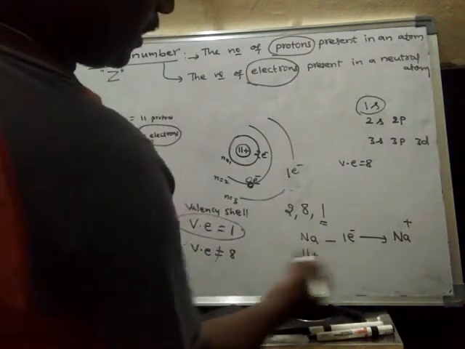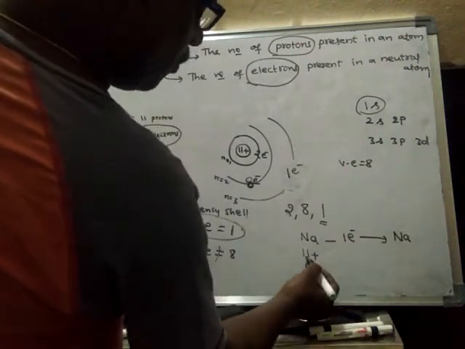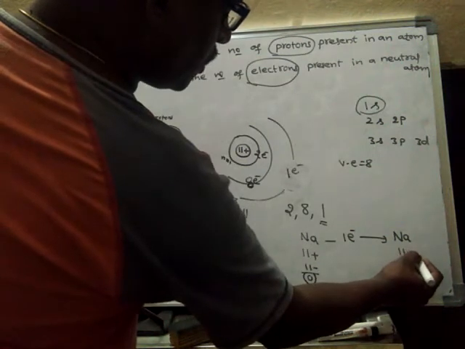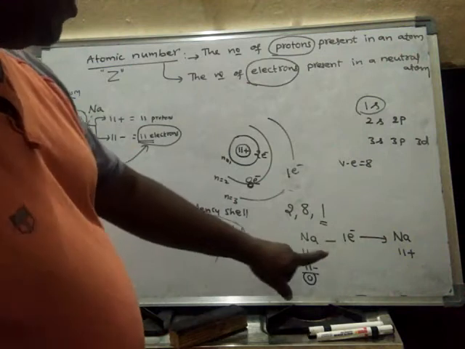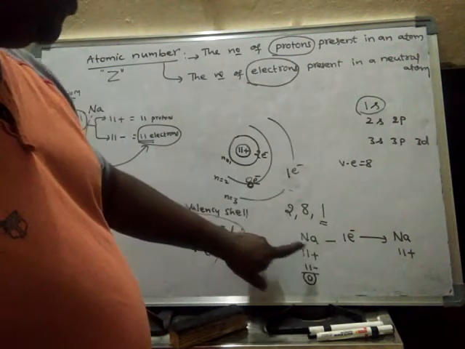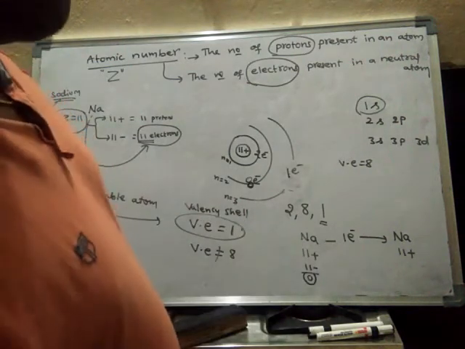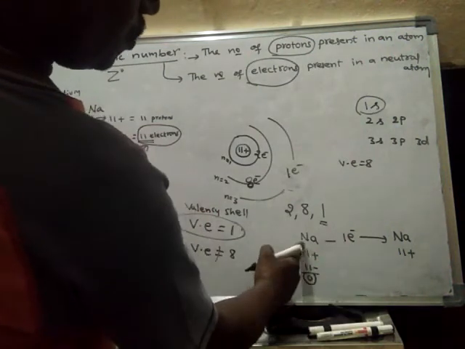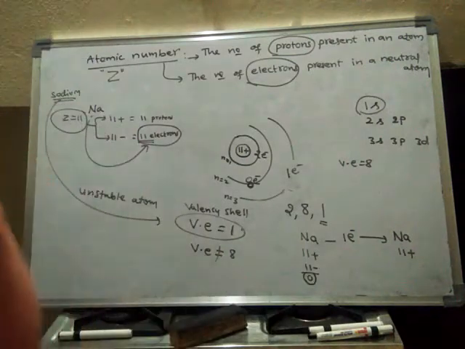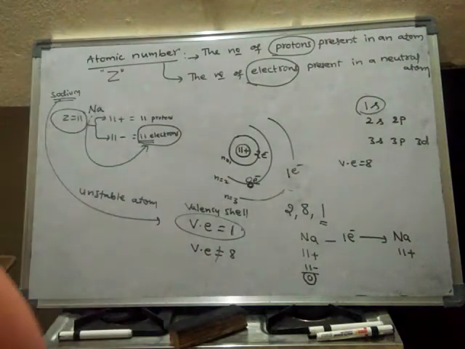The positive charges remain as they are, because we didn't remove the positive charges. Sodium has not lost its positive charges, but it has lost 1 negative charge, because losing 1 electron means losing 1 negative charge.